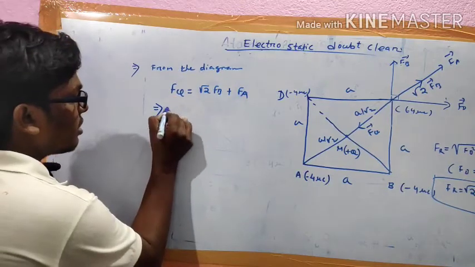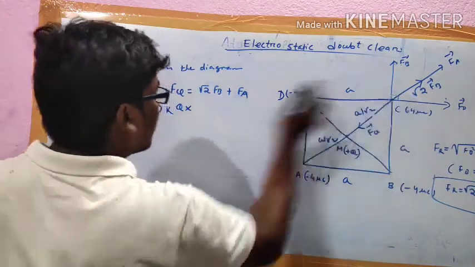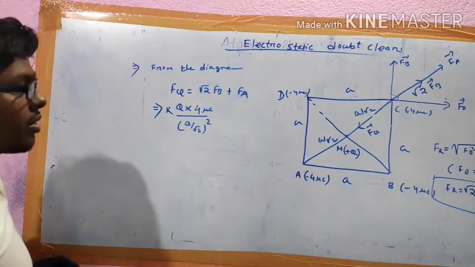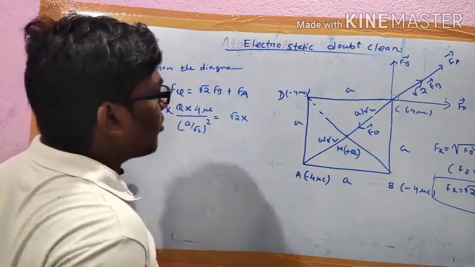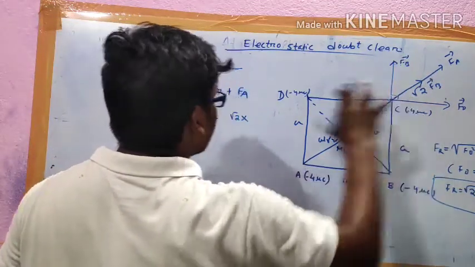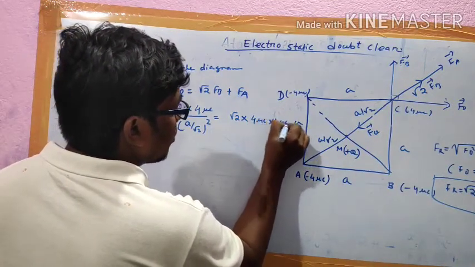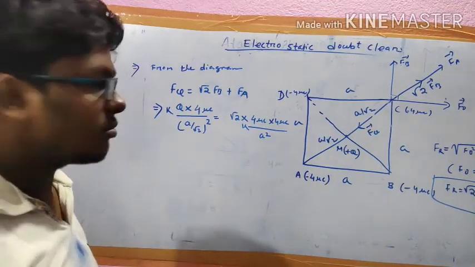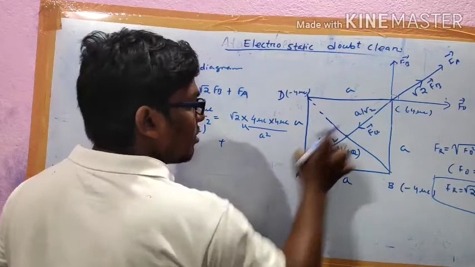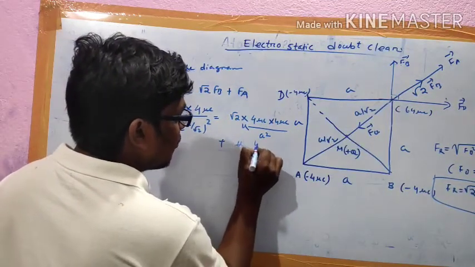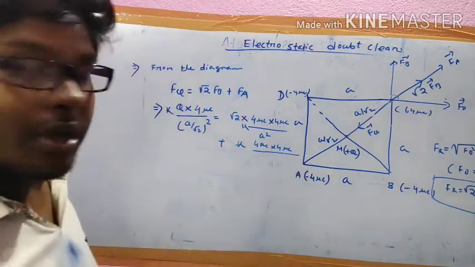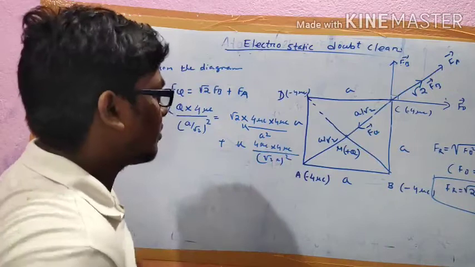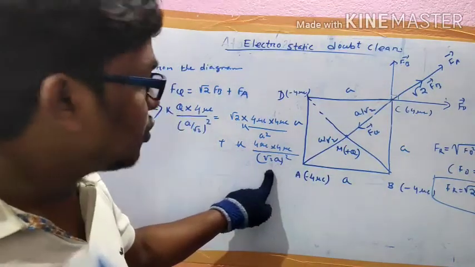So F of q is k q into 4 microcoulomb, the distance of separation a by root 2 whole square, is equal to root 2 into F of B. F of B is k into 4 microcoulomb into 4 microcoulomb divided by a square, plus F of A, which is k into 4 microcoulomb into 4 microcoulomb divided by root 2a whole square.